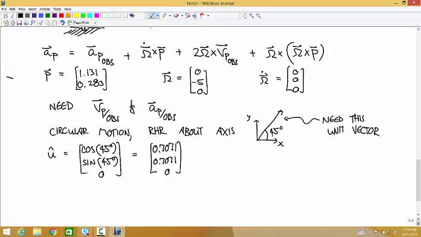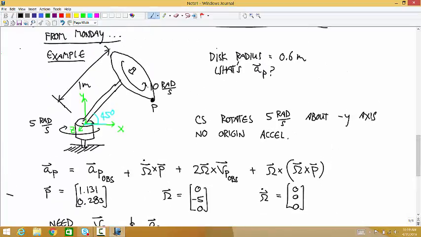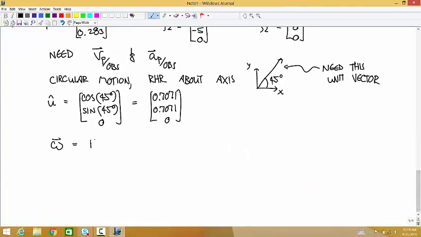And so then the angular velocity is just equal to, we're given that the angular speed is 10 radians per second. So it's just that speed times the direction. So 10 times 0.7071, 0.7071, 0.